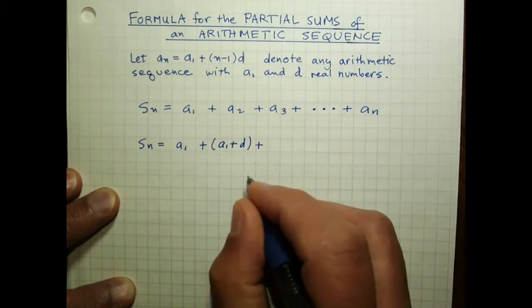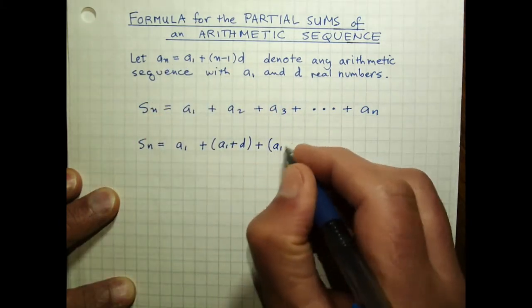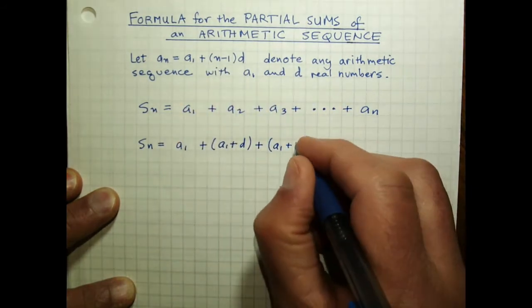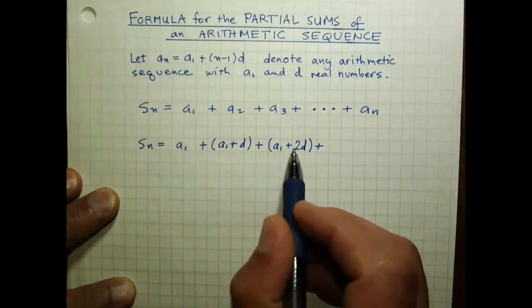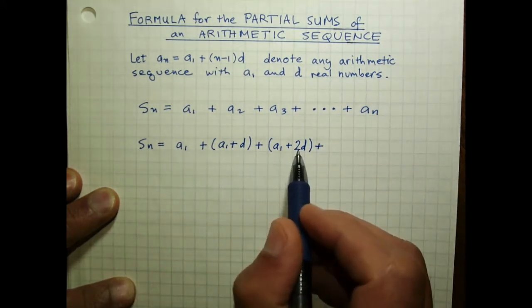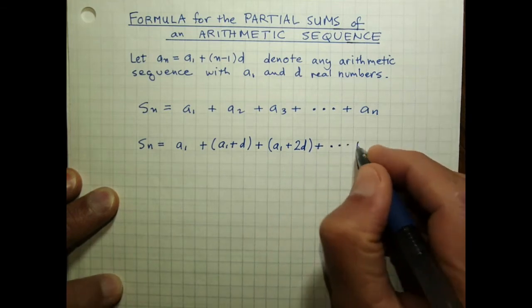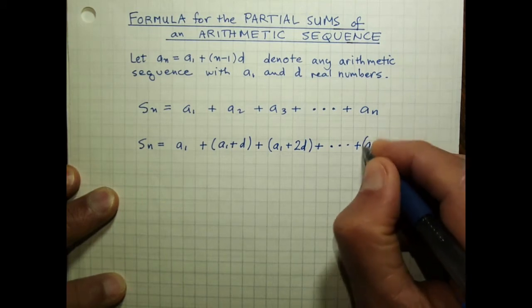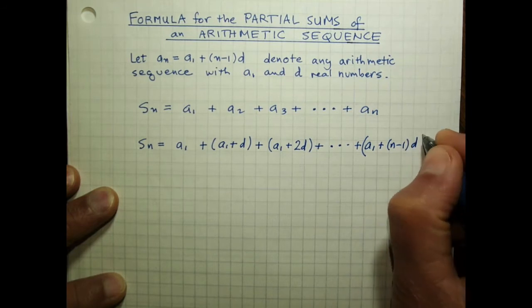For a3, when I plug in 3 for n, I will get a1 plus 3 minus 1, or 2, times d. And basically what's going to happen is I keep adding on a larger and larger multiple of d all the way down the line till I get to an, which in general is a1 plus n minus 1 times d.